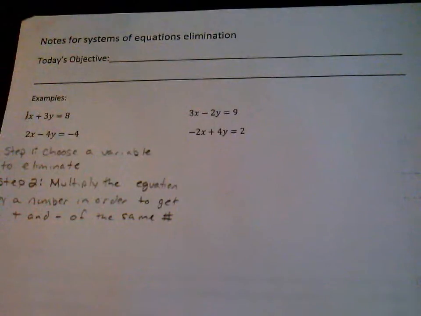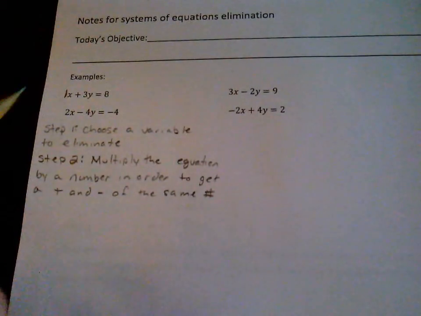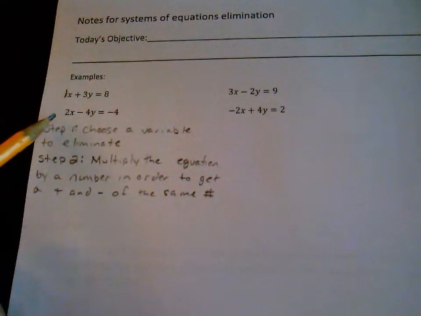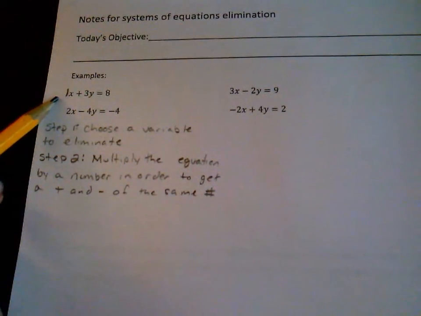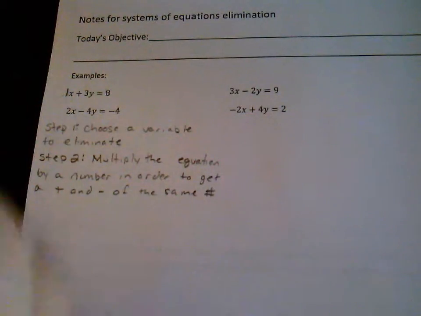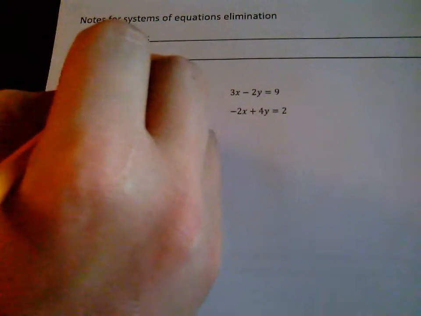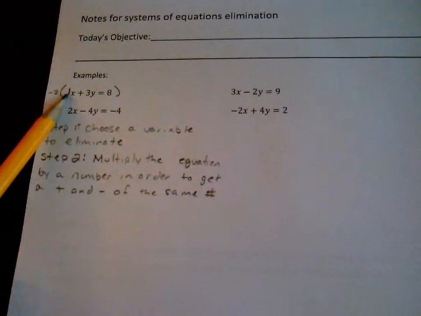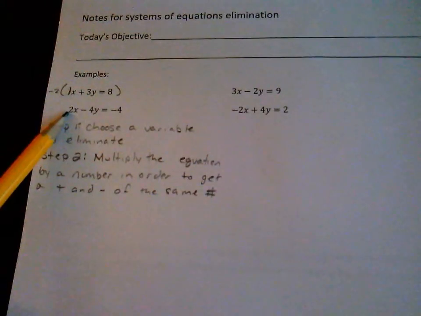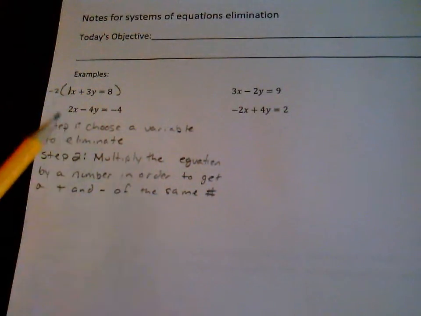Okay? What that means is that you'll notice that both this 1x and this 2x are positive. So what I'm going to do is multiply this top equation by negative 2. What that's going to do is make this a negative 2 and this a positive 2. And that will help us eliminate.